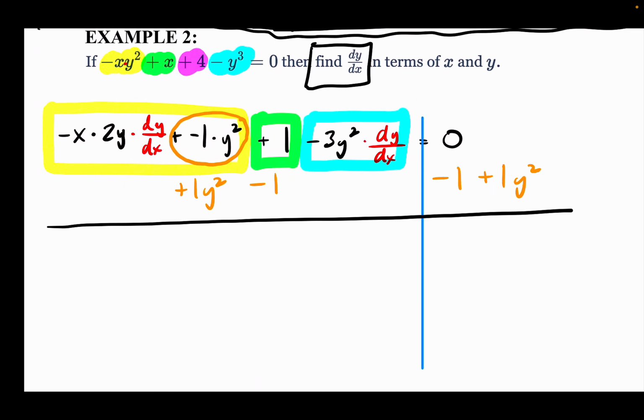So that'll be here, that'll be there. So I get negative 1 plus 1y squared, and 1y squared is just y squared. And then the other stuff comes straight down.